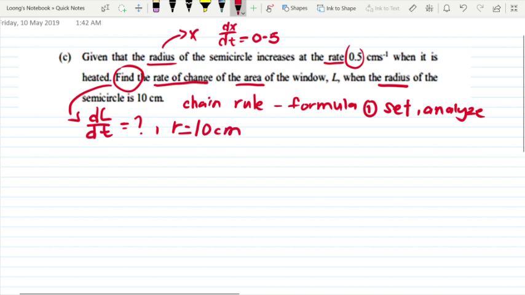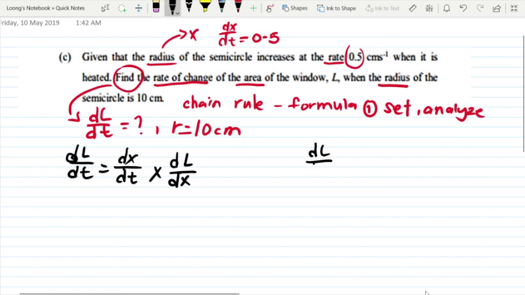Now we can begin to set our equation, which is dL over dt, and following the chain rule, equals dx over dt multiplied with dL over dx. As in the question before, dL over dx is related to the question before, so this kind of question is actually related.